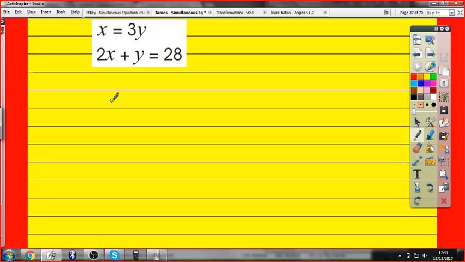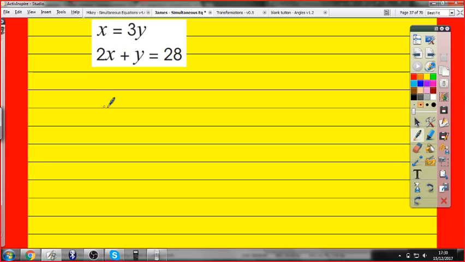So we'll do what we did last time with it. So x equals 3y, and then 2x add y equals 28. I'm not sure how to start. Well, 2x is short for 2 times x.